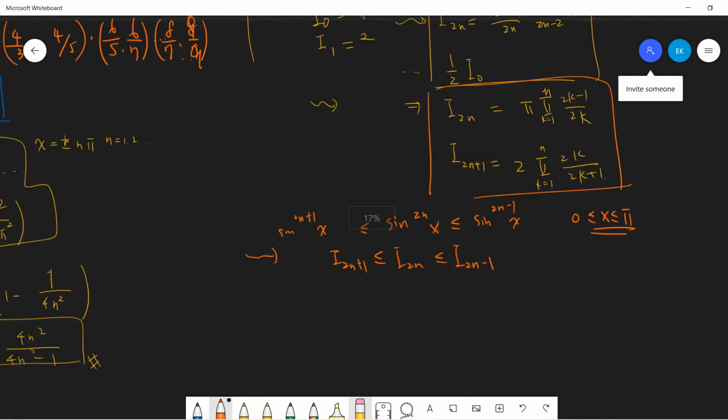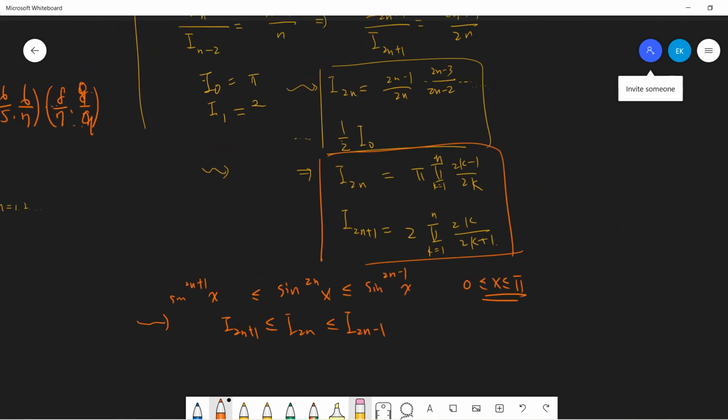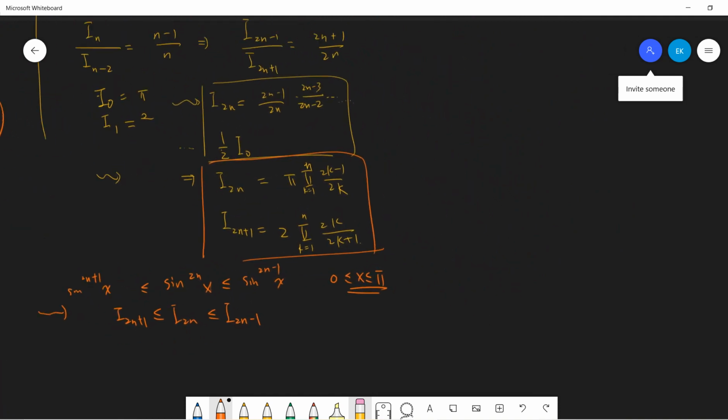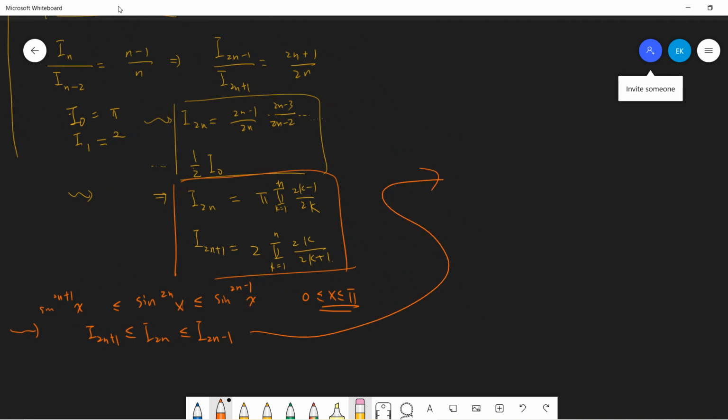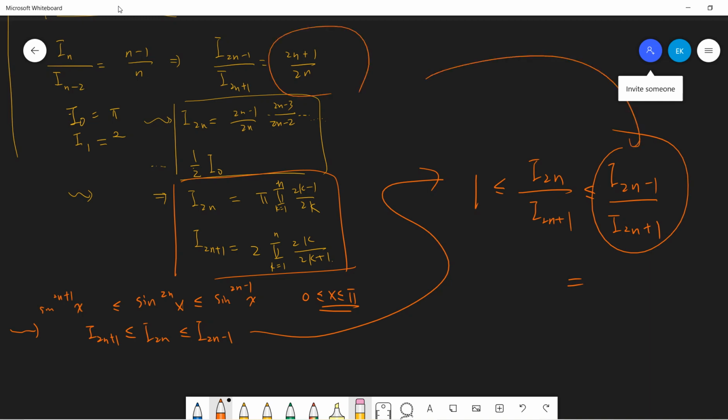Dividing by I_(2n+1), we get 1 is less than or equal to I_(2n) divided by I_(2n+1), which is less than or equal to I_(2n-1) divided by I_(2n+1), which is (2n plus 1) divided by 2n. By the squeeze theorem, as n goes to infinity the right hand side is 1, so I_(2n) divided by I_(2n+1) approaches 1.